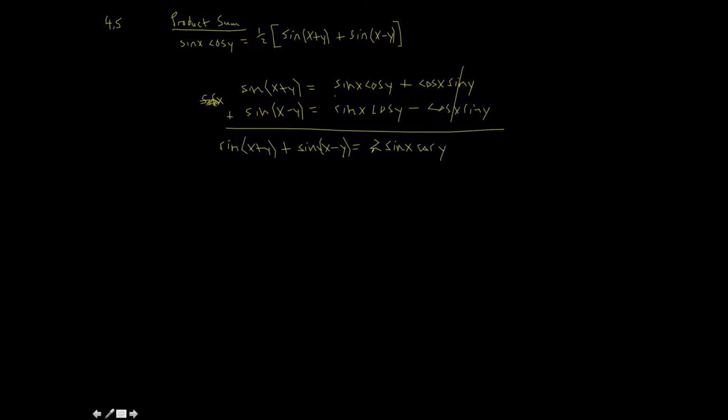And if you divide by 2 here, you get the identity. So that is how we derived that identity. You need to know that identity. And there are 4 of them that are exactly like that.